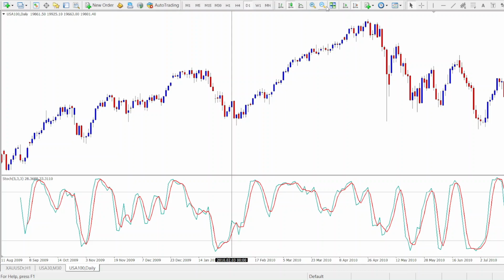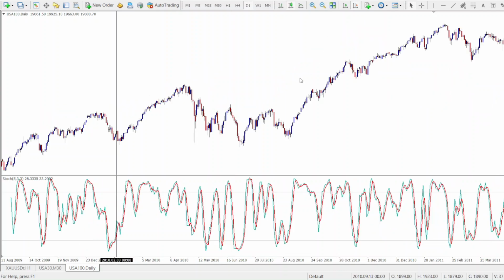Now this is an example. We can see that the price was declining. It wasn't exactly a bearish trend, but this is the daily time frame.